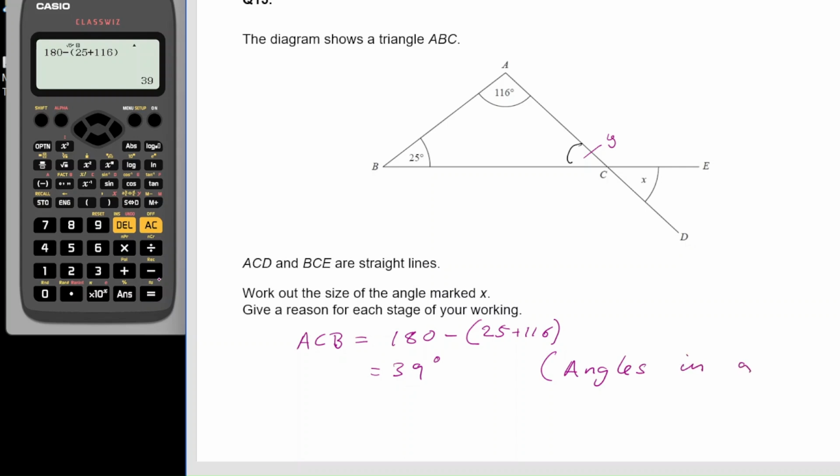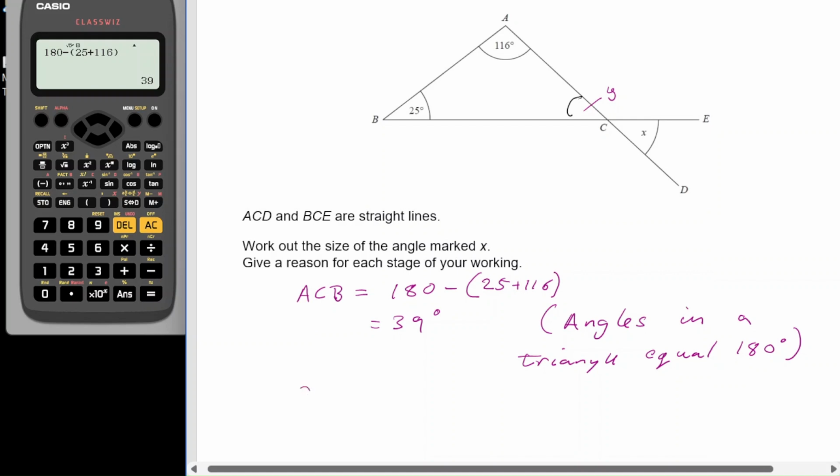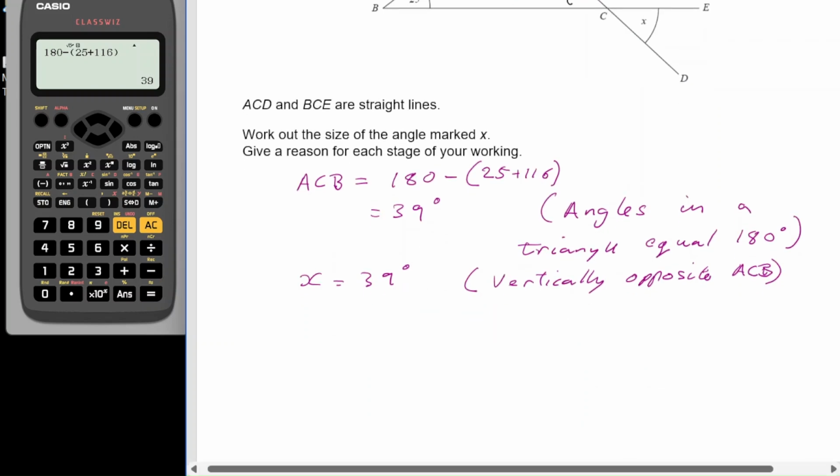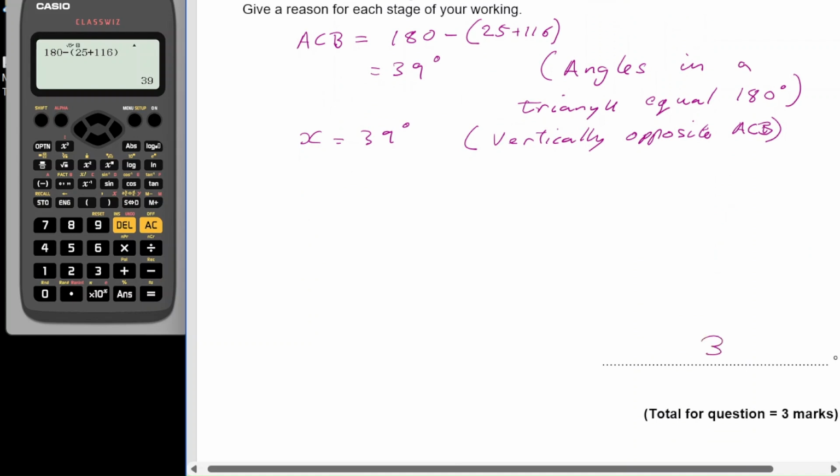Angles in a triangle equal 180 degrees. And then x is going to be equal to that. So x is going to be equal to 39, and my reason for that is it's vertically opposite. So if we've got space there for the answer, 39.